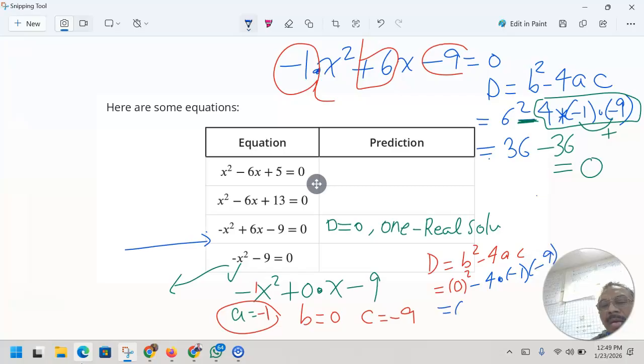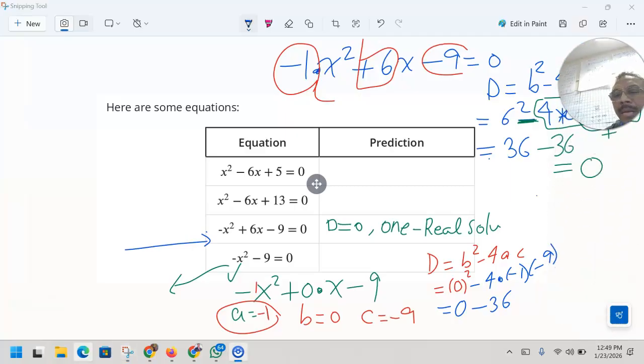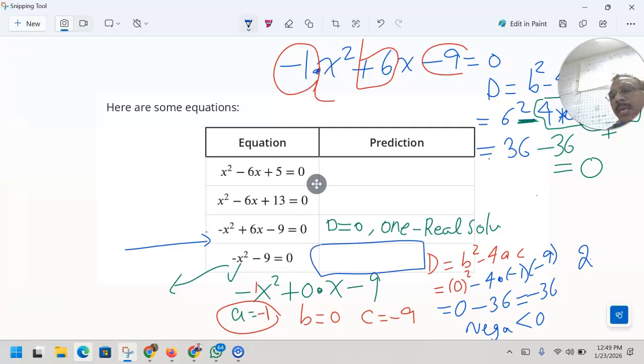If you work this out, you get 0, and there are three negatives, so one of the negatives still stays, and 4 times 9 is 36. So you get negative 36, and this negative 36 is less than 0, or negative. Because it is negative, we say the answer here is 2 complex solutions.